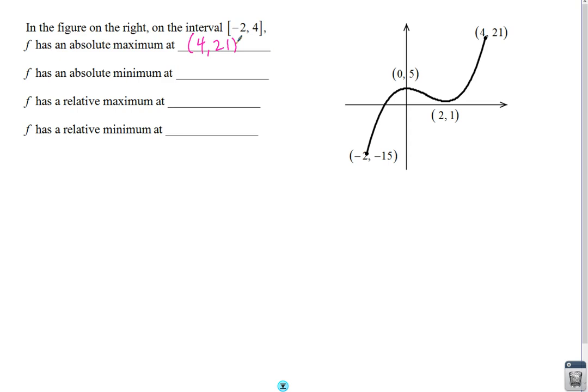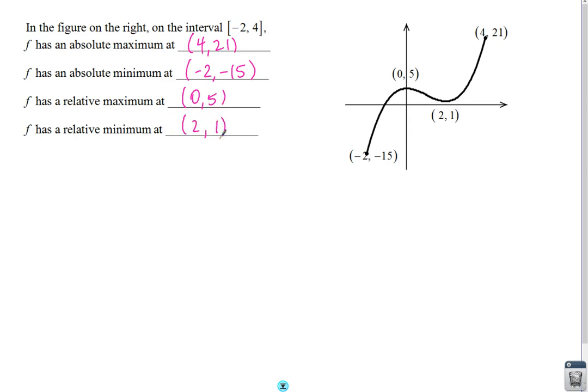The absolute minimum occurs at -2, -15. F has a relative maximum at 0, 5, and a relative minimum at 2, 1.